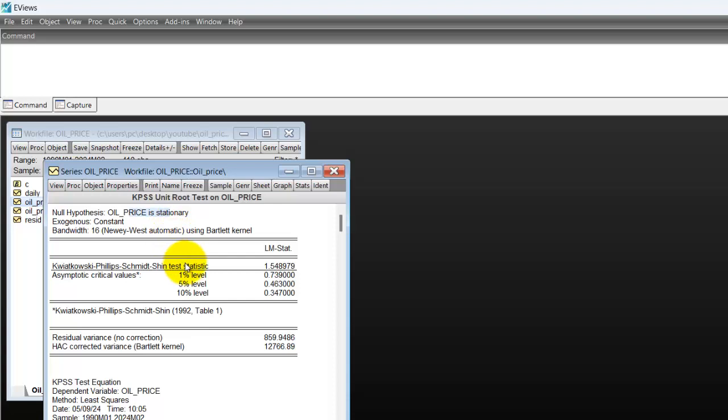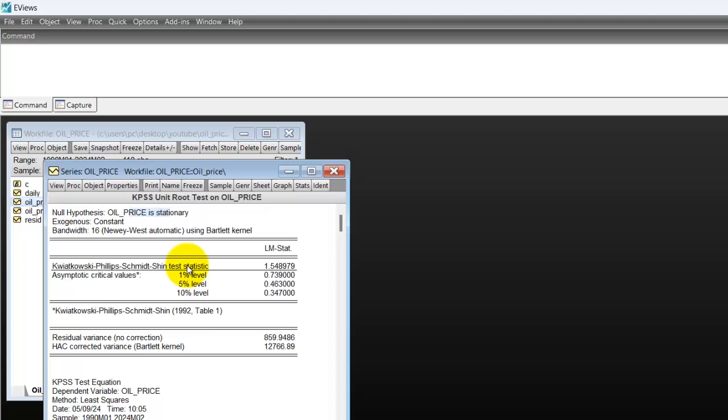Now the decision rule for KPSS is slightly different from that of ADF and PP. If you can recall, under the decision rule, I stated that you should reject the null hypothesis and conclude that the series is non-stationary if the value of the KPSS test statistic is greater than what?